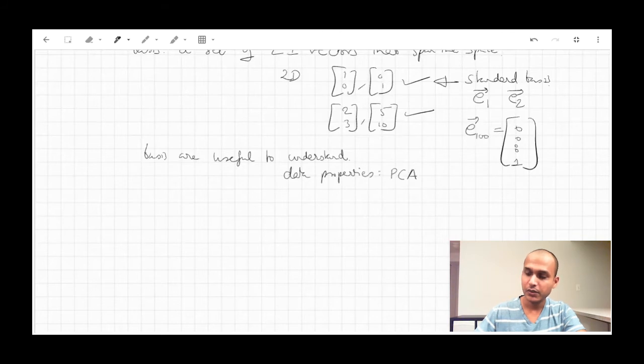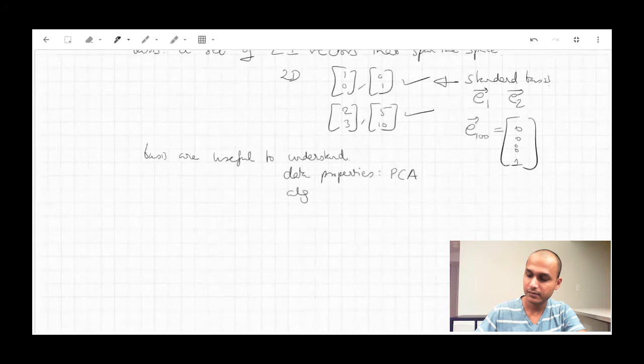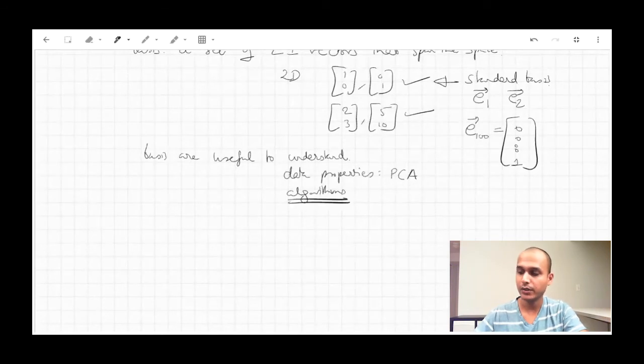Basis can also be used to understand algorithms, how algorithms work, how you train models, basically.